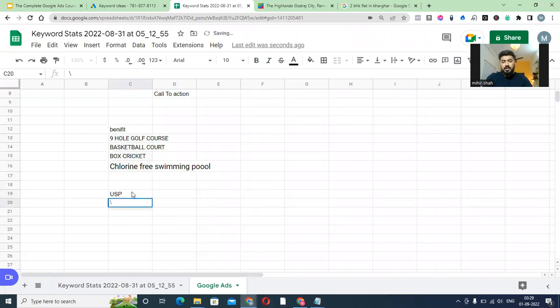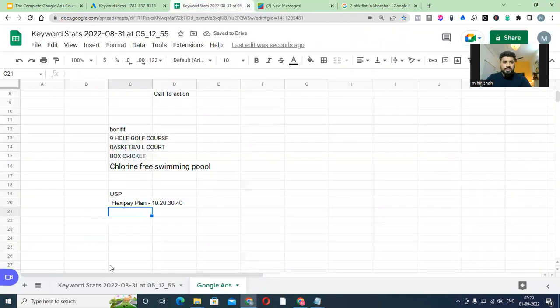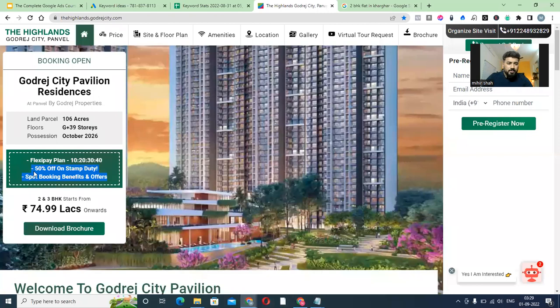Not all real estate developers will be giving a particular flexi plan. The next is these two as well: 50% off on stamp duty. This is so amazing, I get this feeling that hey, I will not have to pay half of the stamp duty. So I'm going to pick this up as well.